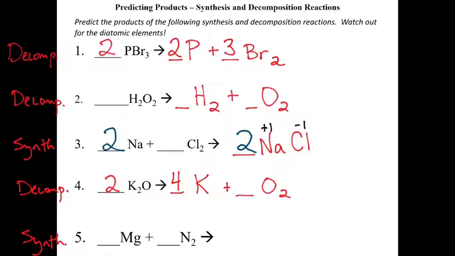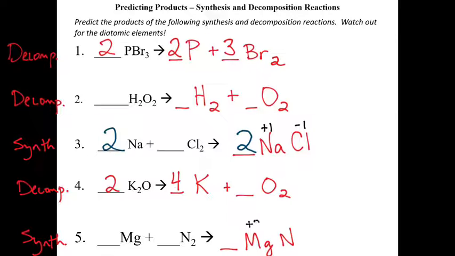All right, last one. Now we've got synthesis. Let's put these 2 together and then check their charges to see, do their charges add up to 0? I'll put together Mg and N. Well, what's the charge of a magnesium ion? Magnesium's +2.